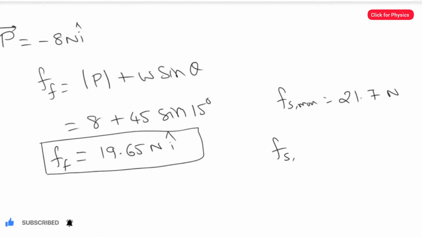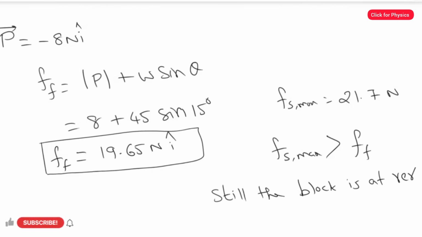Again, your maximum static friction value is greater than the frictional force. So that means still the block is at rest. Why? Because we did not exceed the value so far. So that's the reason the block is at rest.